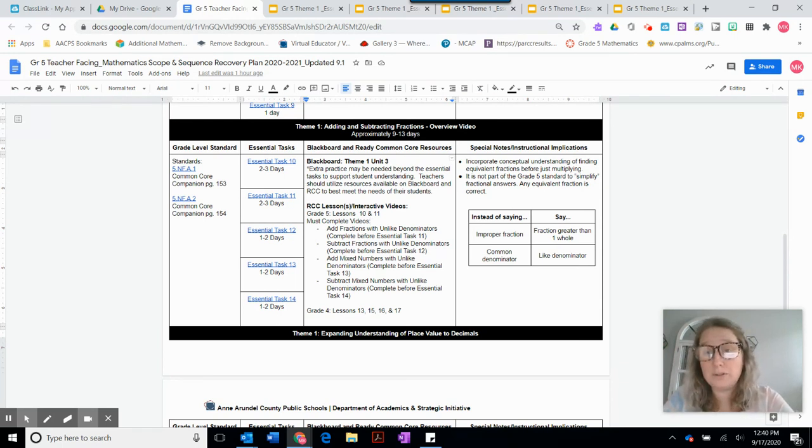So please feel free to use that book, use it in small group, assign it to students as needed. I will caution you though, because the book moves a little bit more quickly into finding the like denominator using multiplication. So kind of look at those problems ahead of time and really judge what your students' readiness level is and make sure that they really understand why we can just multiply.